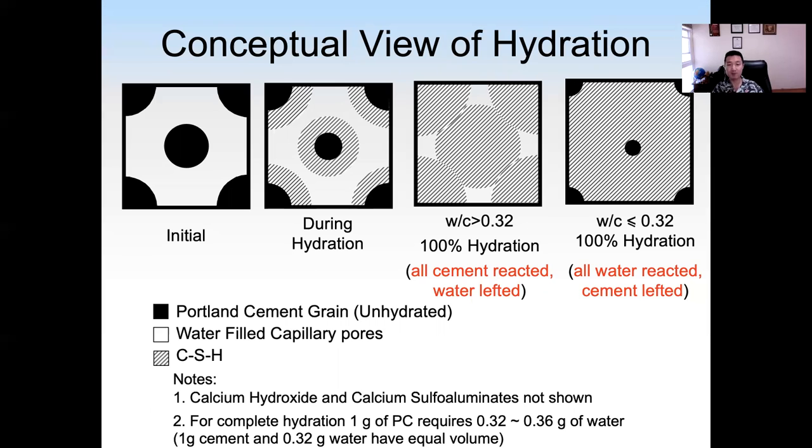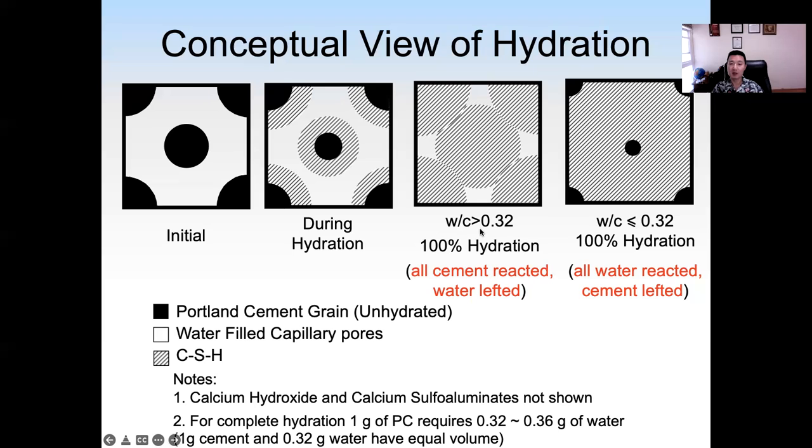Right? So depending on the ratio of water to cement, so this is W over C. W over C again is the water to cement ratio. This is by far the most important parameter for concrete. The water to cement ratio controls almost everything, especially the strength of concrete.